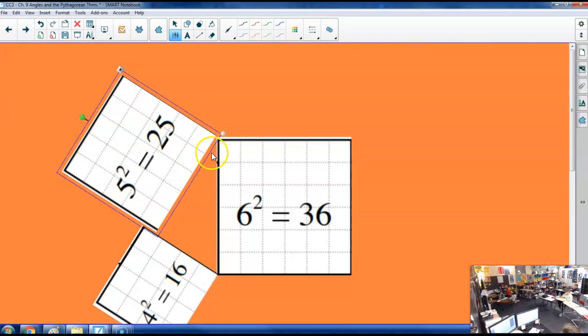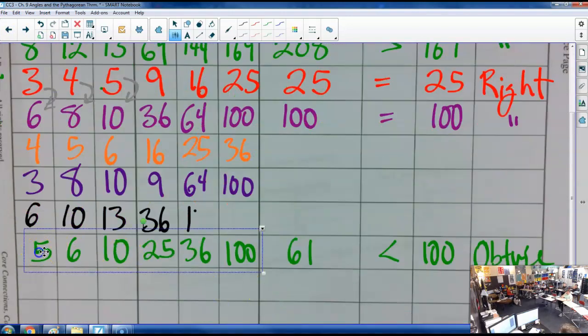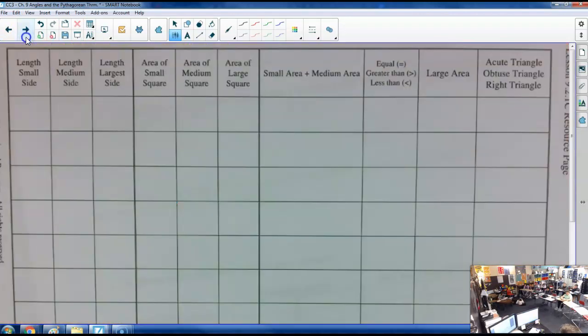So if I actually played with this until it worked, all my angles would be less than 90. On the flip side, when the smaller squares, or smaller legs, compared to the bigger one, we get an obtuse, meaning one of the angles is bigger than 90, right? Got to be bigger than 90, not equal to, got to be bigger than.